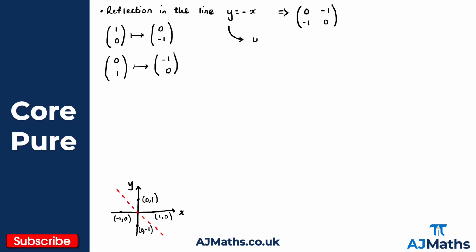And for a reflection in y equals x, the invariant line would be y equals x itself.